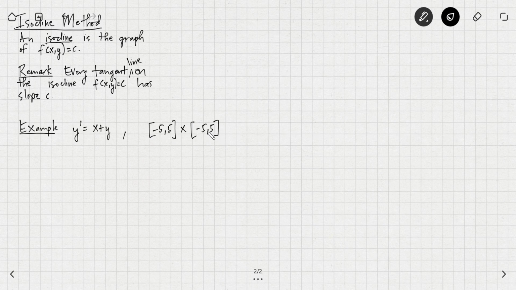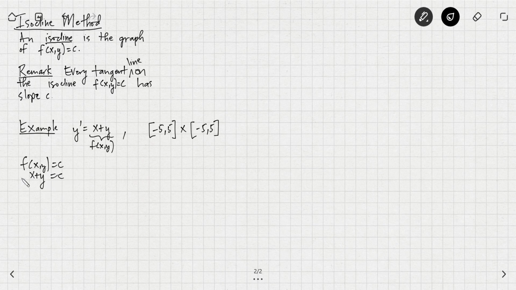Now, before we start sketching the isoclines, what do you think is the graph of x plus y equals c? Kasi ito yung f of xy natin. So, yung f of xy equals c is equivalent to the equation x plus y equals c.